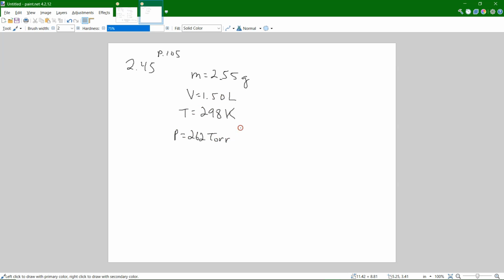Okay, I want to convert that to kilopascals. Oh, what was that again? A torr. Let's jump back. Where's my index card? 1 torr is 133.3 pascals. So 1 torr would be 0.133 kilopascals.